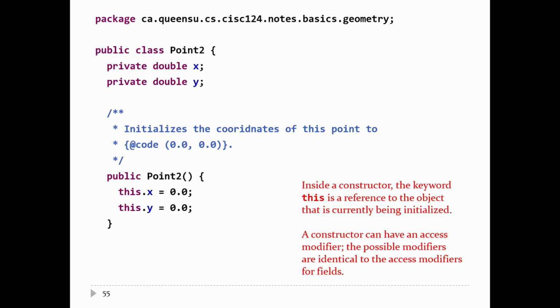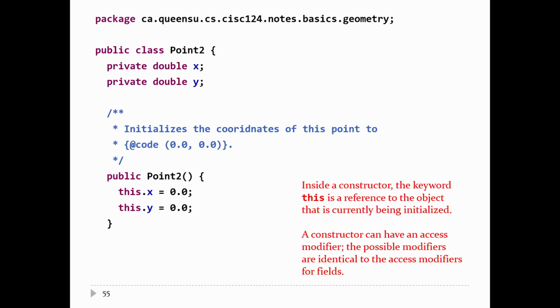Now, the question you have to ask yourself is, which point is it supposed to set the x and y coordinate for? When you call the constructor, one of the pieces of information that the constructor gets is the object that new just created. Remember, new makes an object and tells the constructor which object is being initialized.